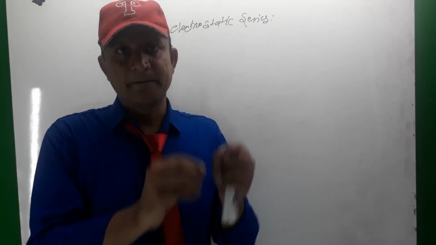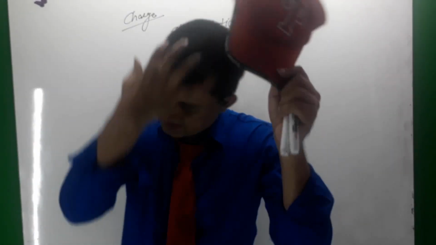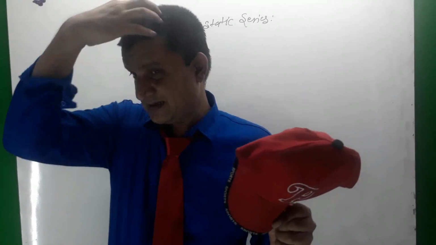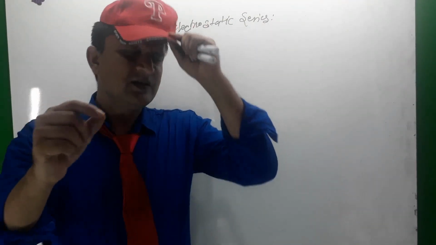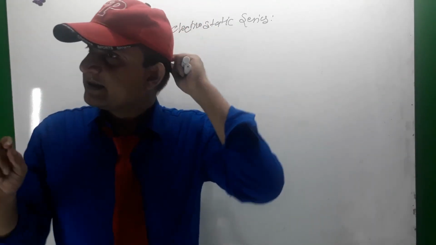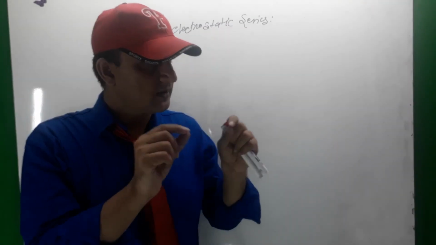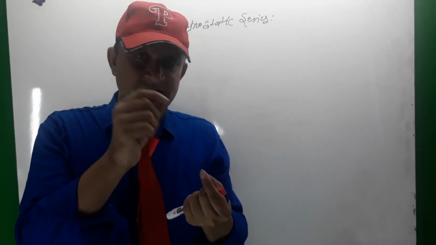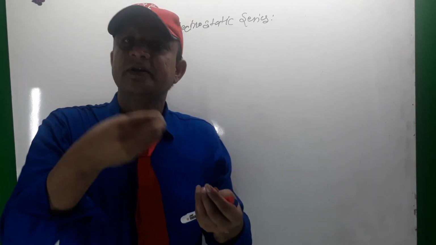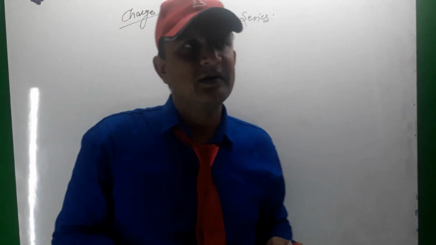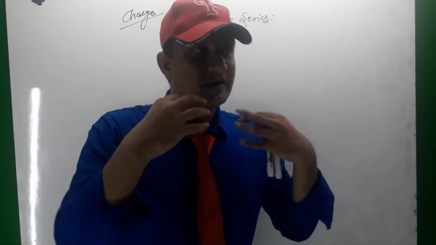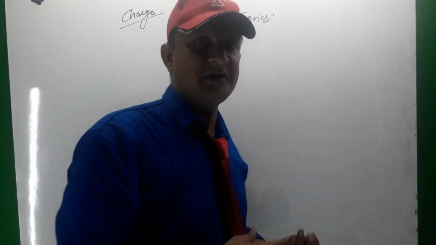When one person is rubbing with the comb, what does he notice? He noticed that when the hair was dry, a few small particles came in contact with the comb and were attracted. So what is the meaning of attraction? What is this type of phenomenon? Let's proceed.